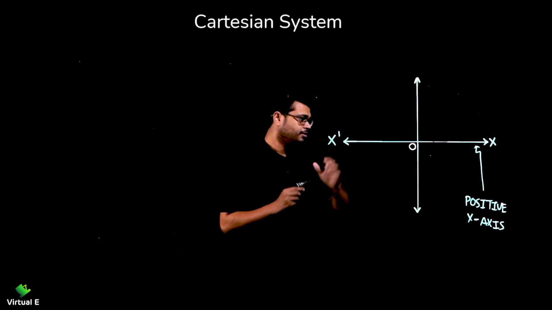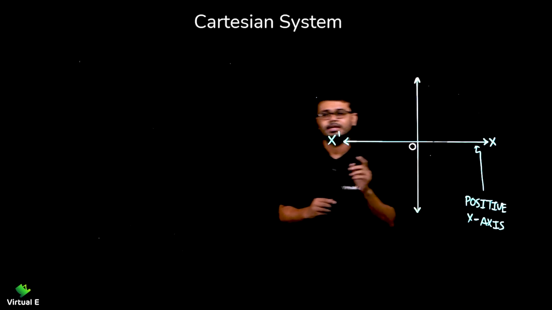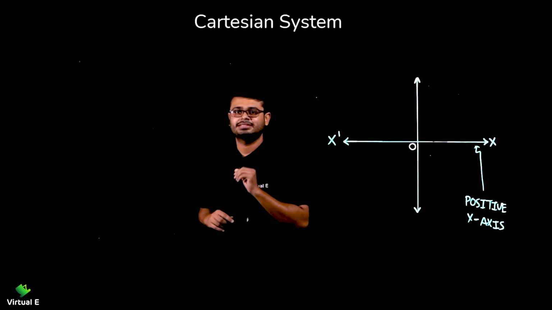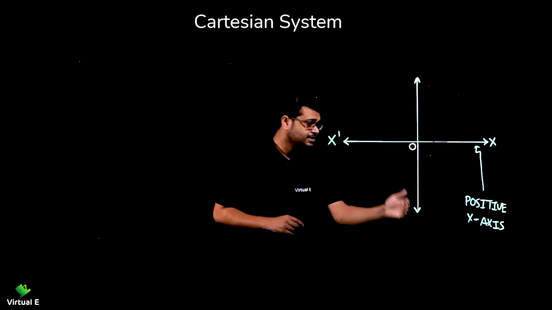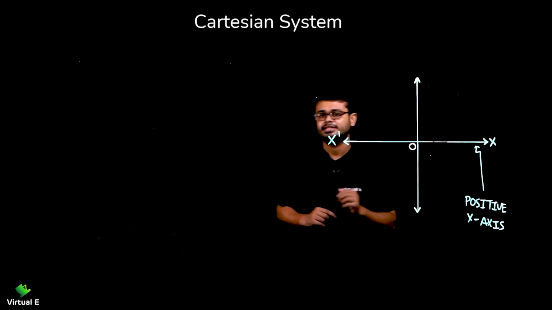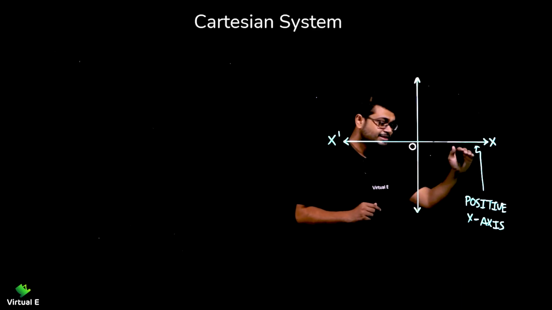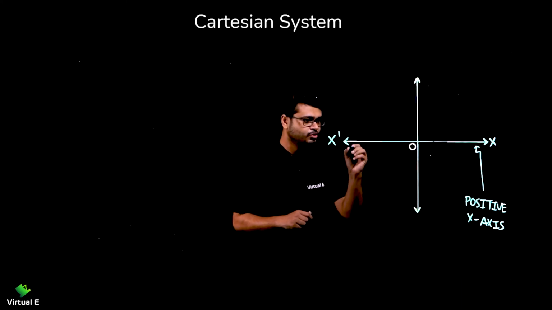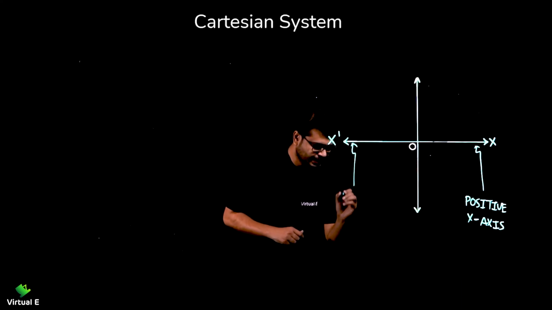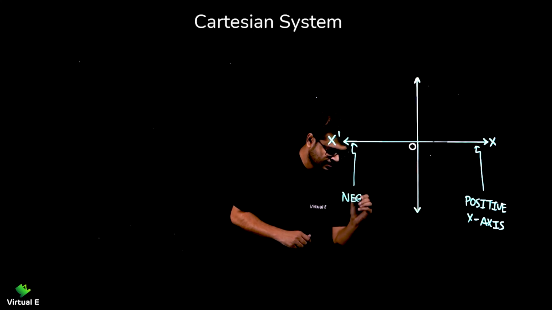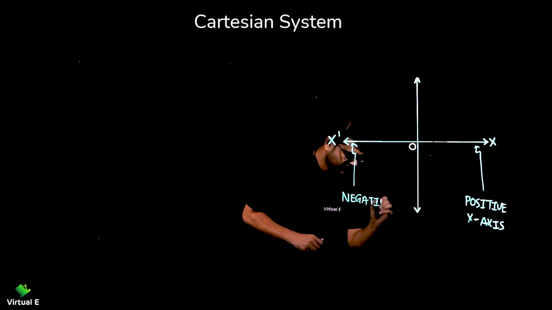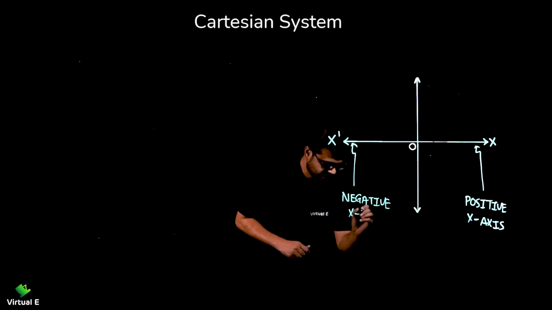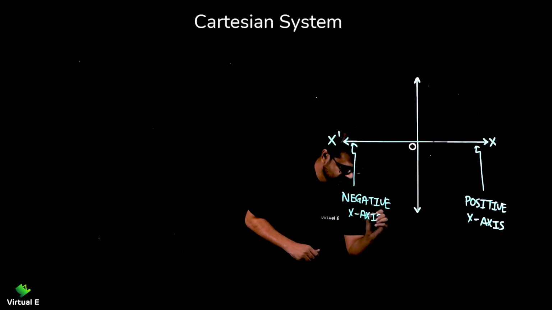These horizontal and vertical lines, we call them axes. Vertical axis and horizontal axis, you can say that as well. Now the horizontal axis, we are dividing into two parts, the positive x-axis, and guess what, this will be the negative x-axis.